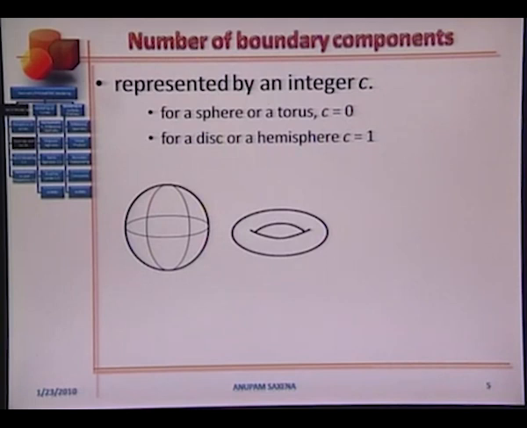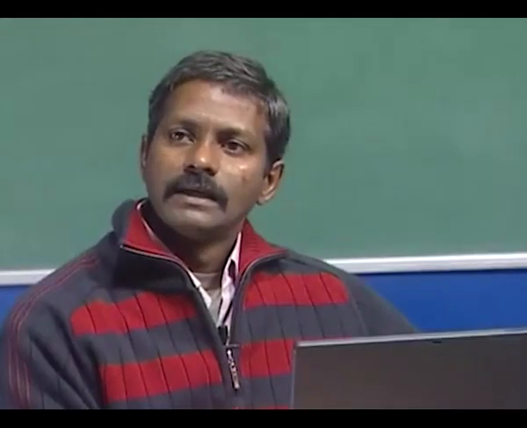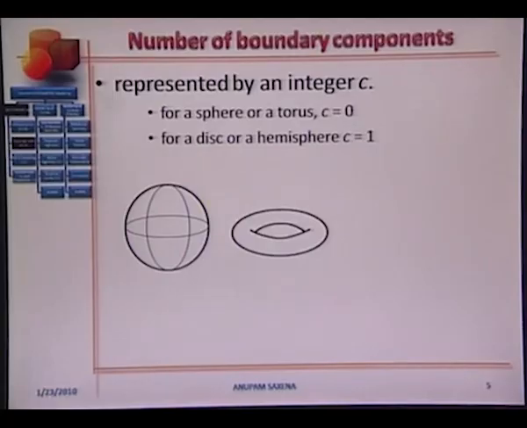For a disk or a hemisphere, recall that hemisphere is a homeomorphic transformation of a disk. The number of boundary components or the number of boundaries is 1, and therefore c equals 1.